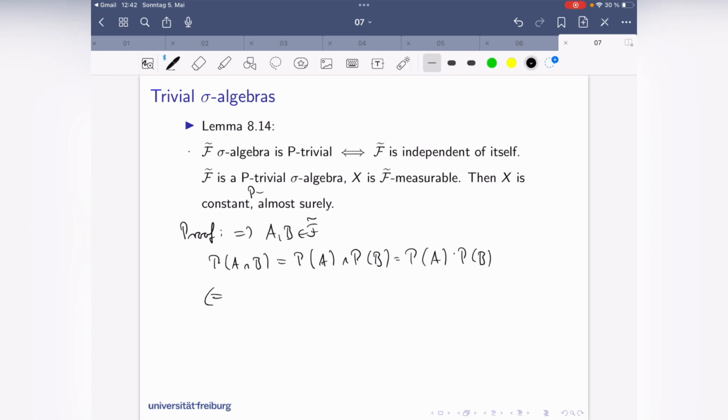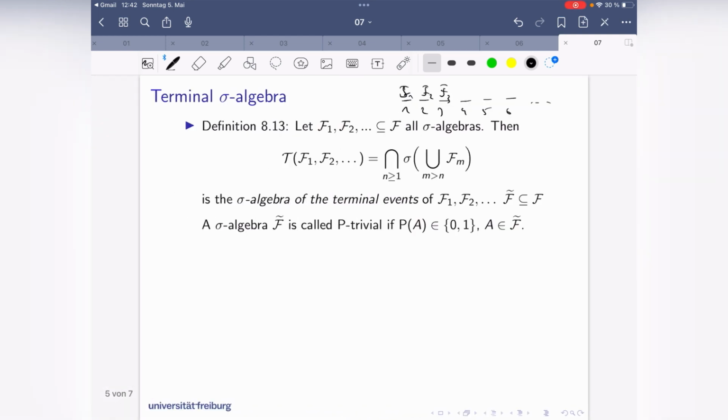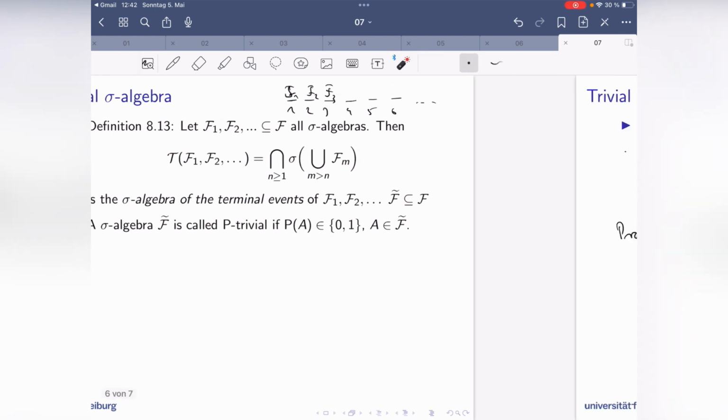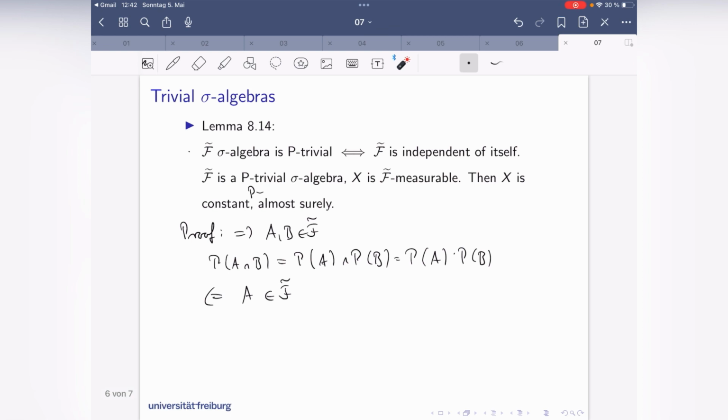From right to left, F is independent of itself. I have to show it's P-trivial, and P-trivial means whenever I pick an A, its probability is either 0 or 1. And the trick is that I can write P of A equals P of A intersect with itself, of course.